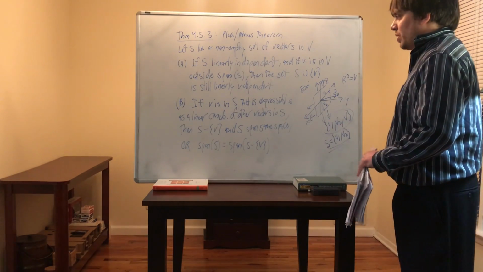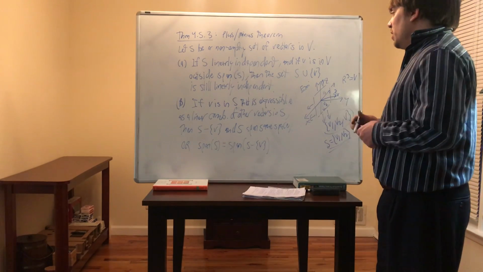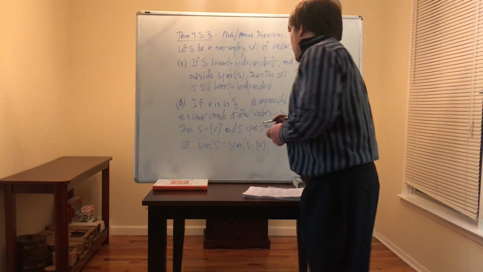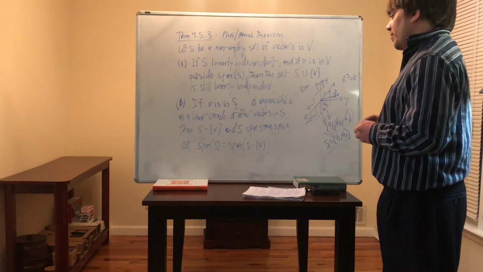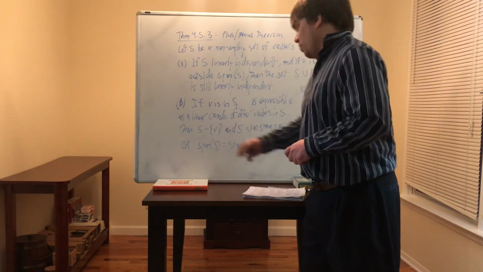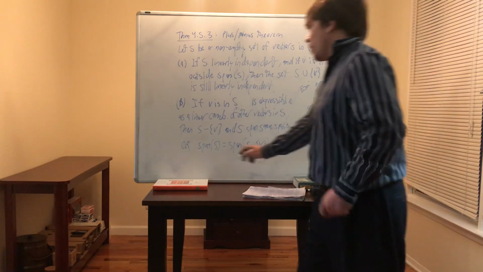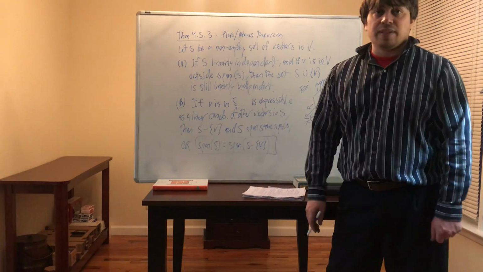So if little v is in capital S and is expressible as a linear combination of the other vectors in S, then the set S with the vector v removed and the set S span the same space, or this equation: the span of S is equal to the span of the set S minus the set containing v.